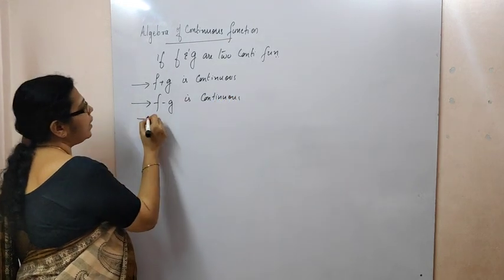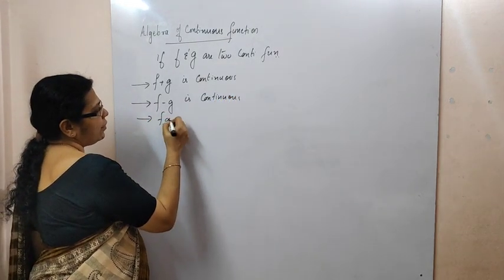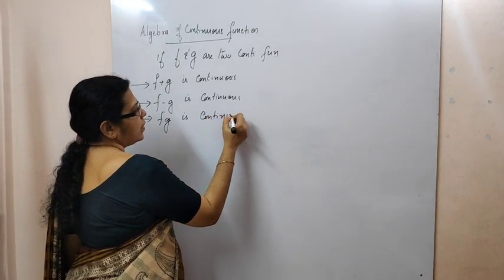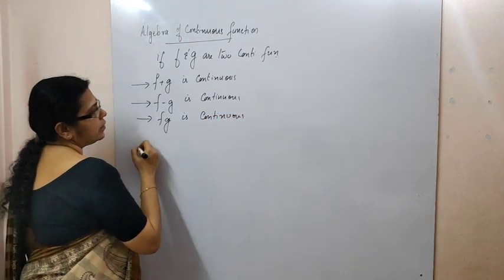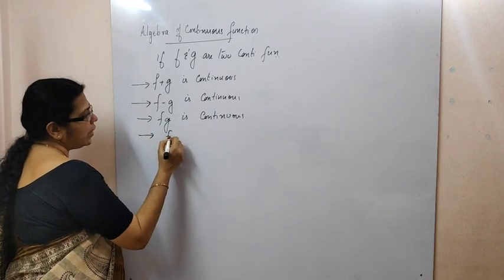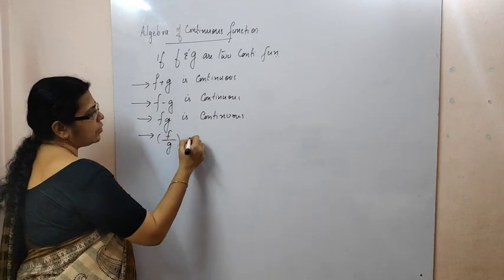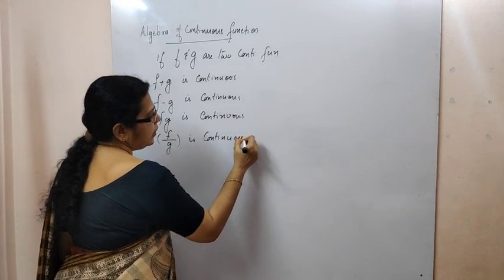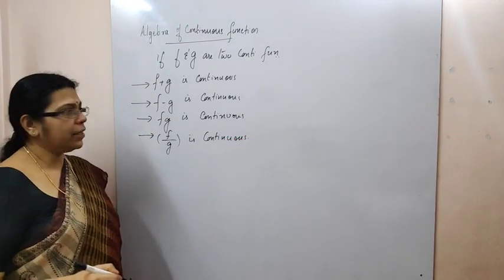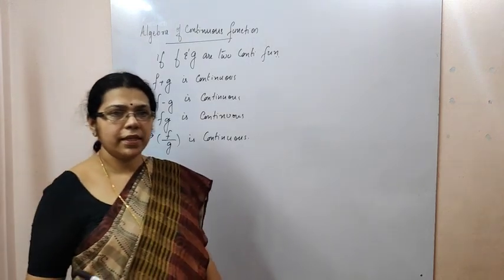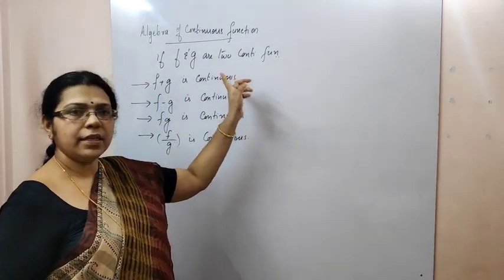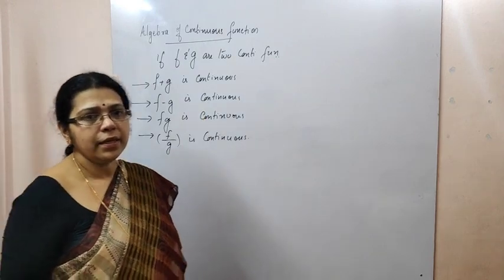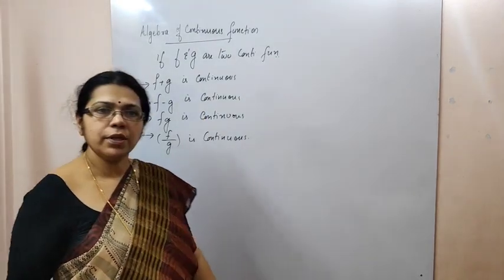Right? Then you have f into g is continuous. And also f by g is also continuous. Right? This is the algebra of the continuous function. What does it say? If two functions are continuous, then their sum, their product, their difference as well as their division is also continuous.